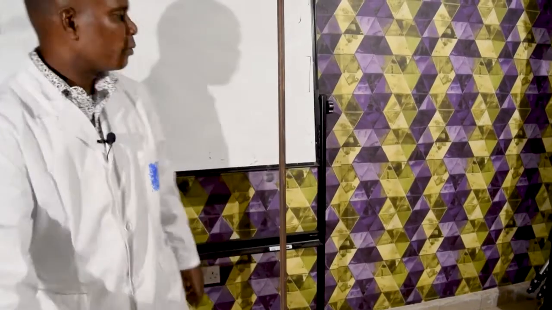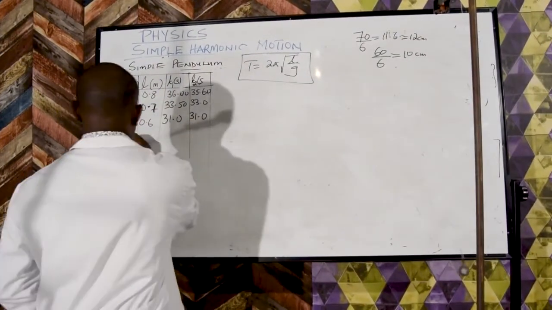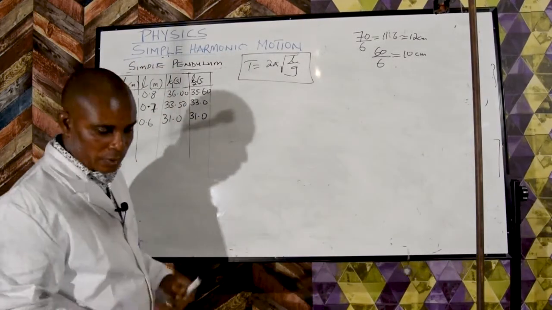So it gave me 31 there. So we're going to get 31.0. So now I've got the 3 readings. These 3 readings can help me to do something here.